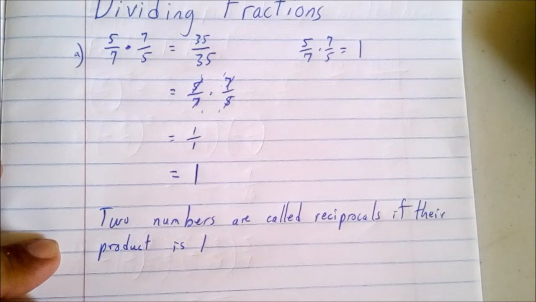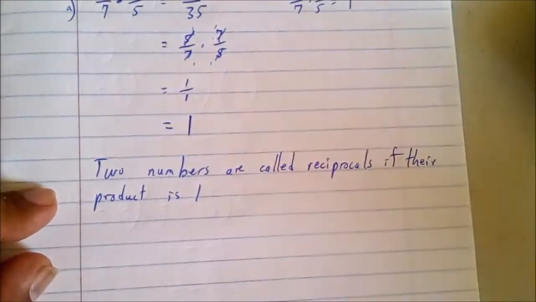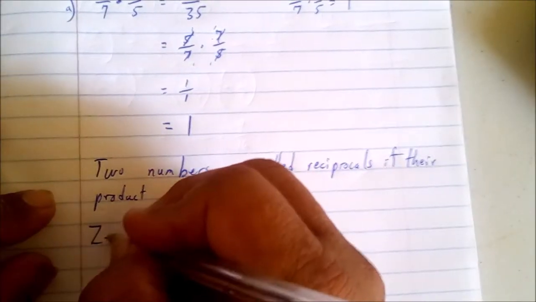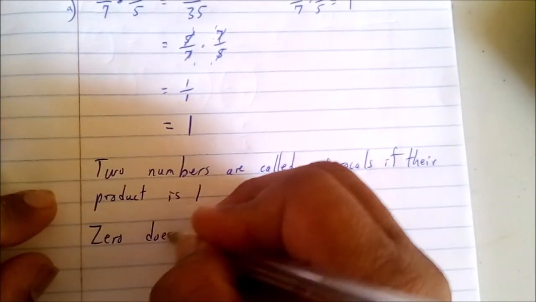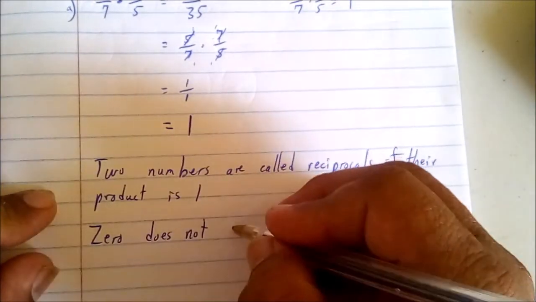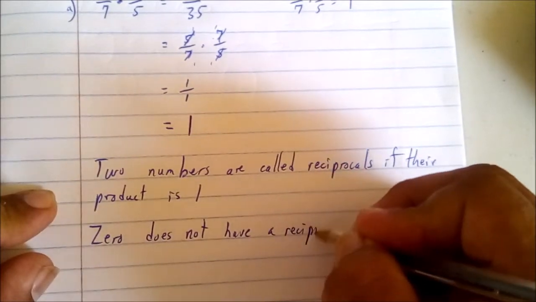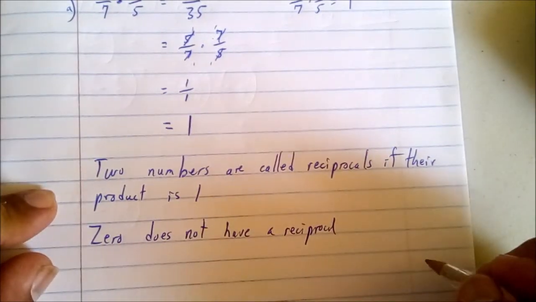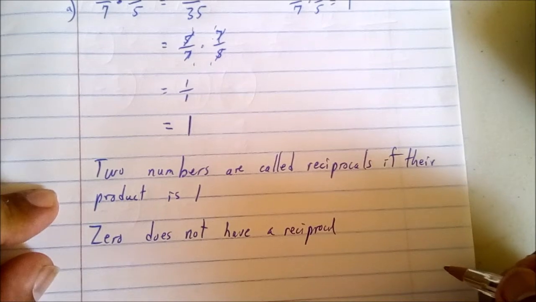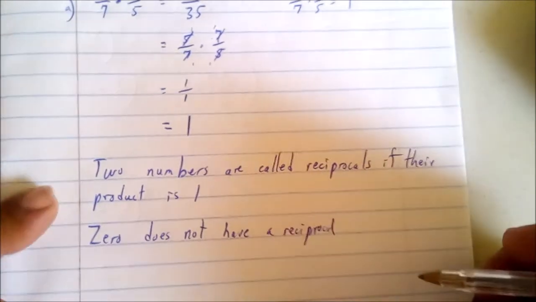Okay, a caution that you need to know: 0 does not have a reciprocal, because the product of 0 and a number can never be 1.